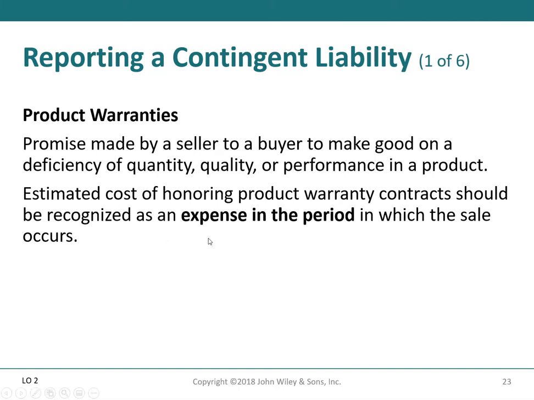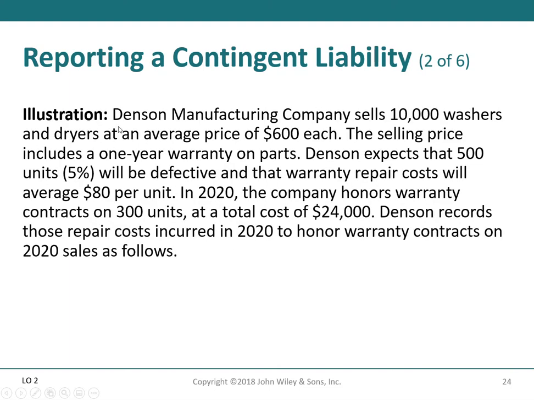Now remember, we talked about the matching principle, and when we talked about the allowance for doubtful accounts, we want to match the expenses in the period in which the sale happened, right? So if I sell a car and I know based on past experience that 1% of the cost of the car is what I incur in warranty expenditures, I'm going to accrue for that when I made the sale or at the end of the year that I made the sale. So Denson Manufacturing sells 100,000 washers and dryers at an average price of $600 each.